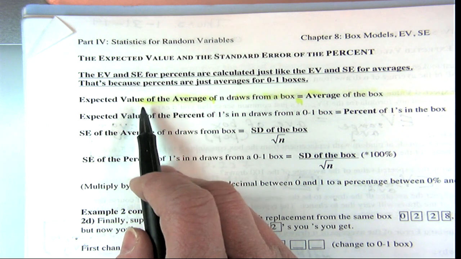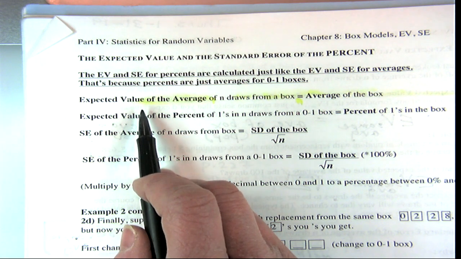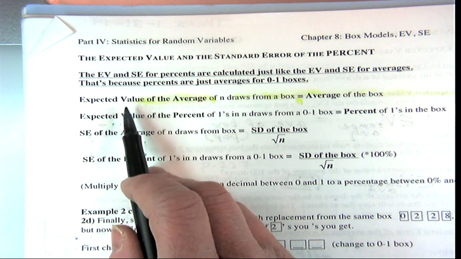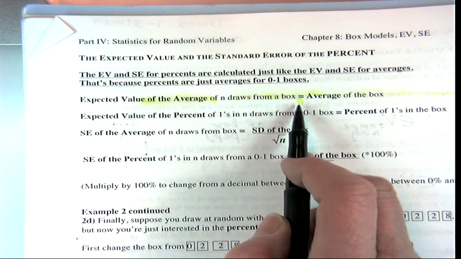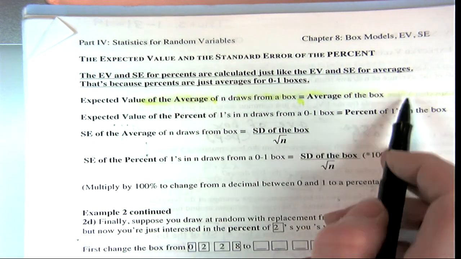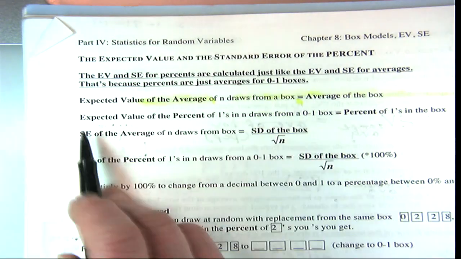So the expected value of the average of n draws is just the average of the box. That's just common sense. And same with percent.